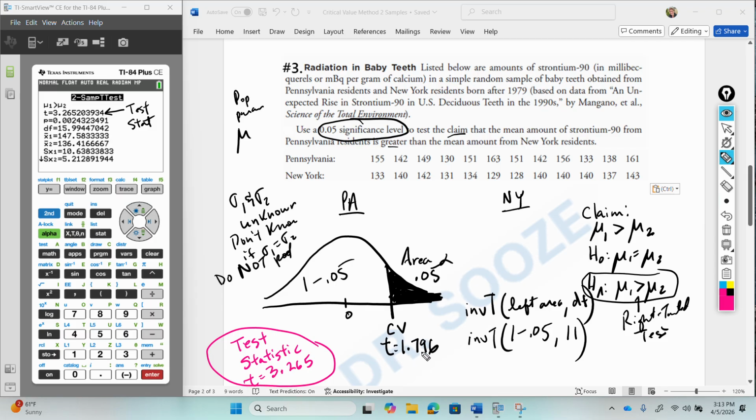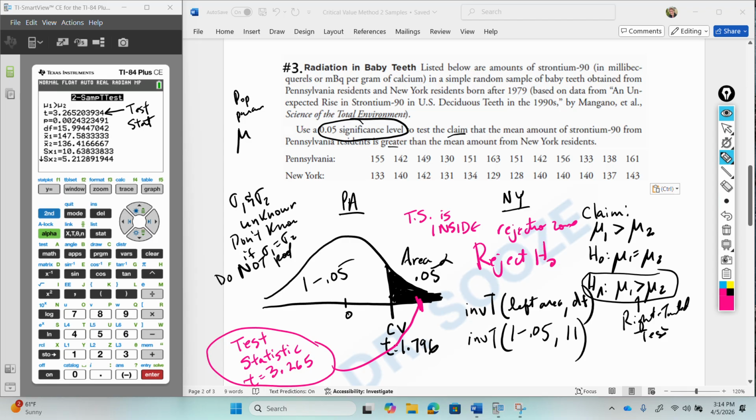And it would be to the right of 1.796. So it would be over here somewhere. And we can see that the test statistic is inside the rejection zone. And so we reject the null hypothesis.